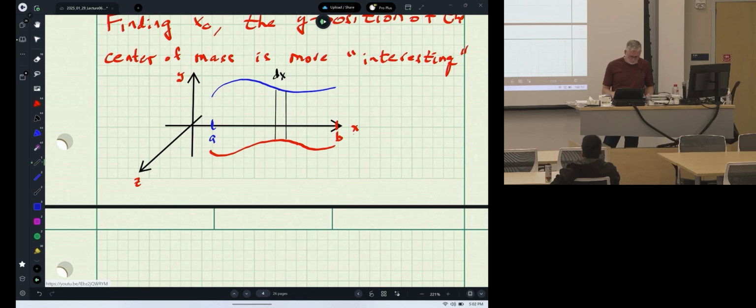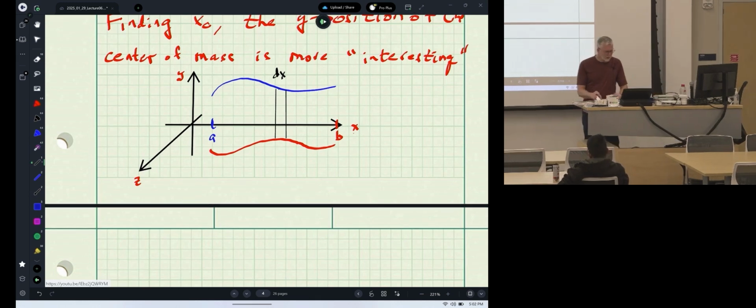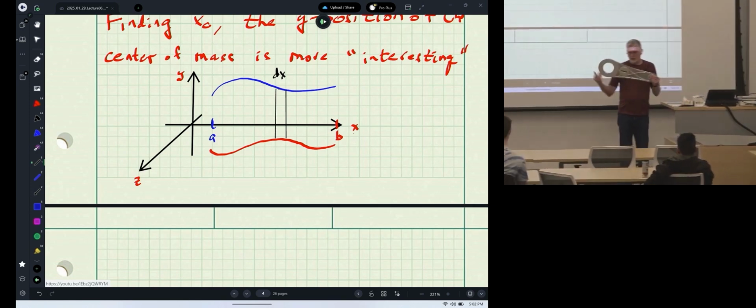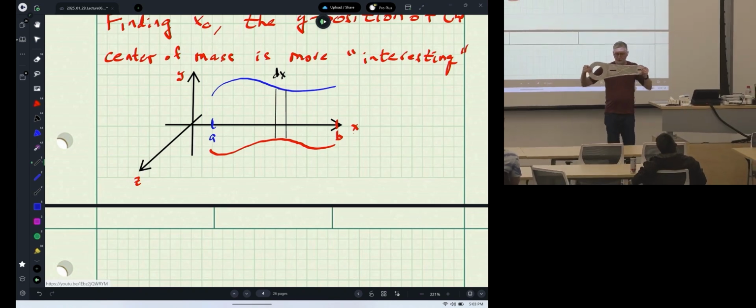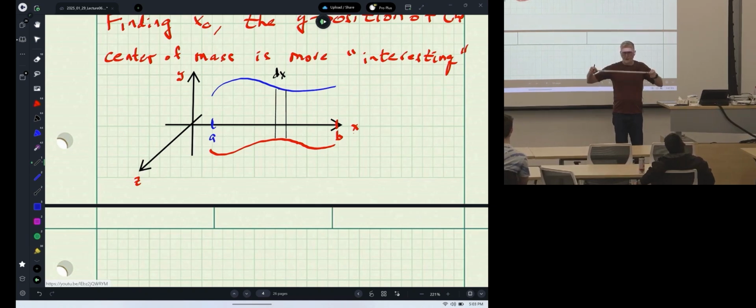Now, what we need to compute is how the mass in the y direction is, how is its distance from the x-axis, because that's how it rotates in this direction.